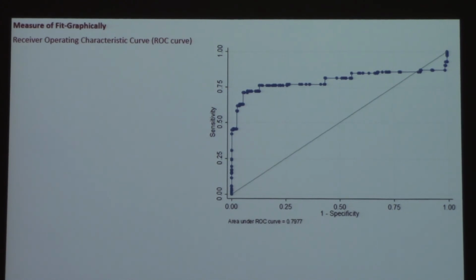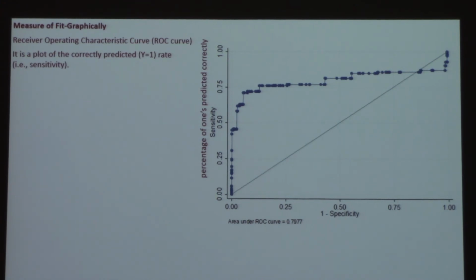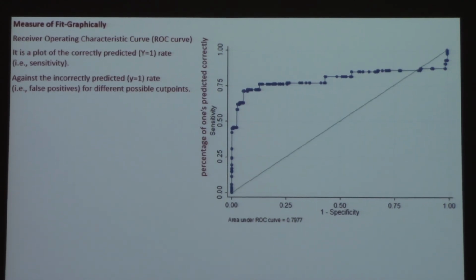For this one, we're again examining the trade-off between sensitivity and specificity, or 1 minus specificity. And what we want, with the percentage of ones predicted correctly, which we call sensitivity, against 1 minus specificity, which is the false positives.